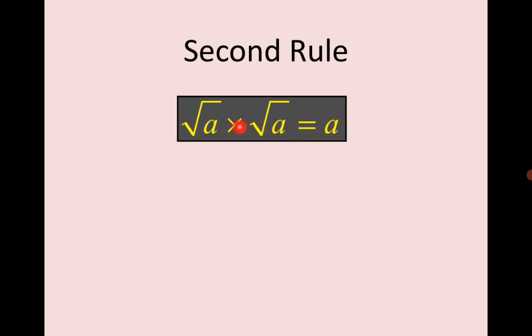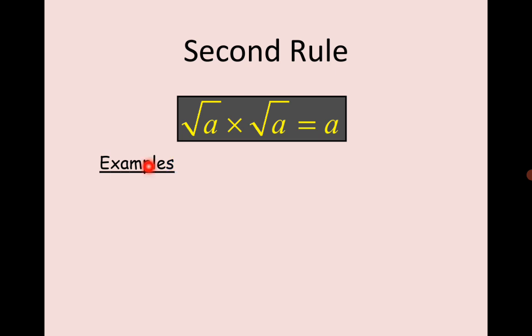And when you have similar terms, like here, we have root of a times root of a. The result is just a, without a root sign. Put 2 where there's a. Root of 2 times root of 2 is just going to be a 2 without a root. Root of 5 times root of 5 is just a 5 without a root sign.